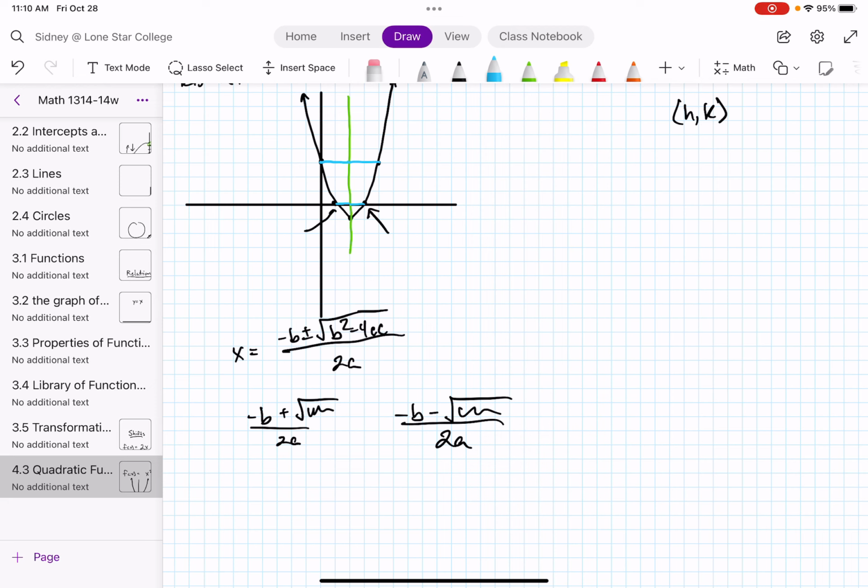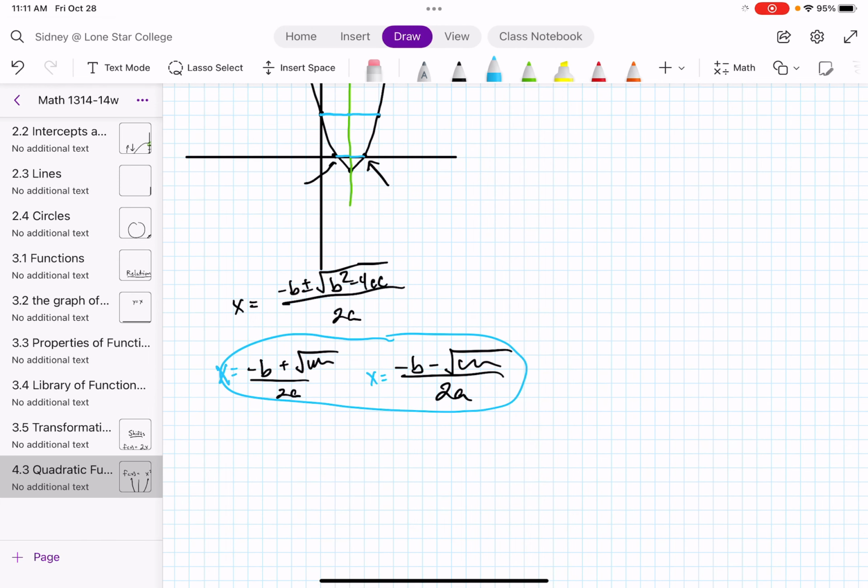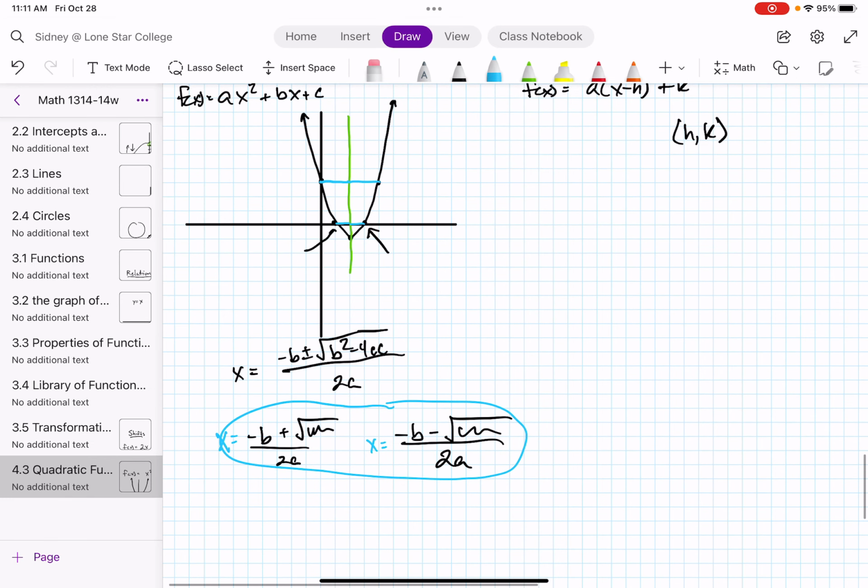What that means is if we know our zeros, x equals negative b plus the square root and x equals negative b minus the square root, we can know where that axis of symmetry is. We find that by simply finding the middle of those two symmetrical points.